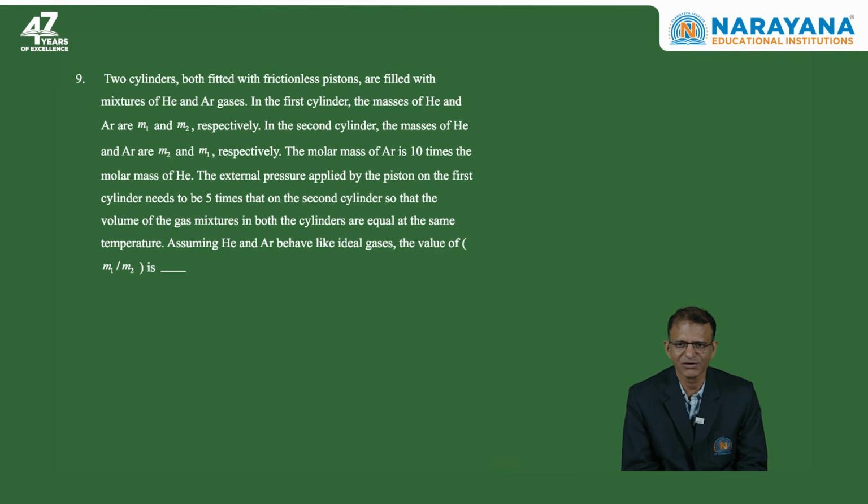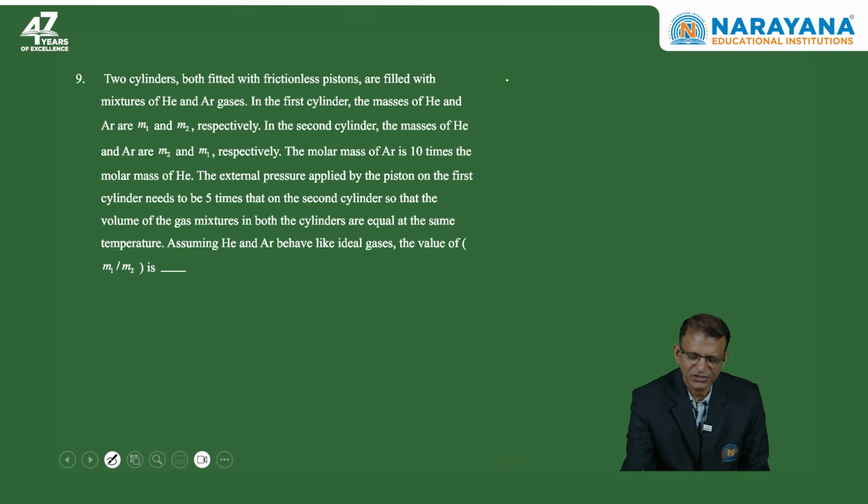So the masses of the gas are interchanged. The molar mass of argon is 10 times the molar mass of helium. The external pressure applied by the piston on the first cylinder needs to be 5 times that of the second cylinder so that the volume of the gaseous mixtures in both the cylinders are equal at the same temperature. Assuming helium and argon behave like ideal gases, find the value of m1 upon m2.